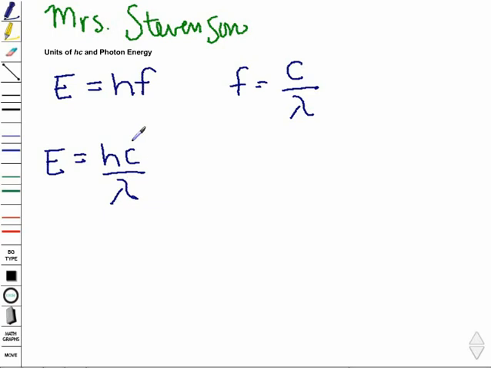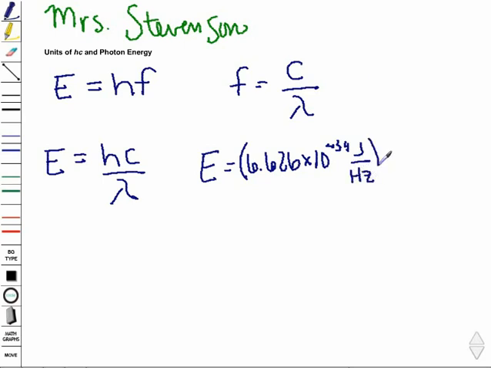Both Planck's constant and the speed of light are constants. They don't change. They always will have the same value. So we can actually put in the numerical value for each of these constants and simplify this equation. So if we plug in our numerical values, we have energy equaling Planck's constant, which is 6.626 times 10 to the minus 34 joules per hertz.